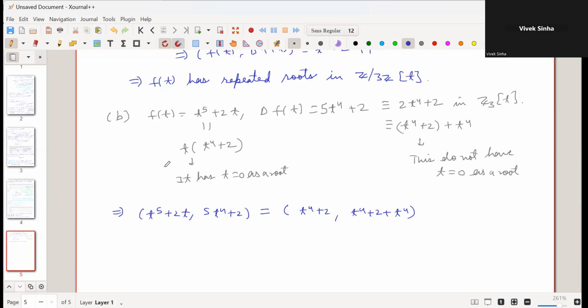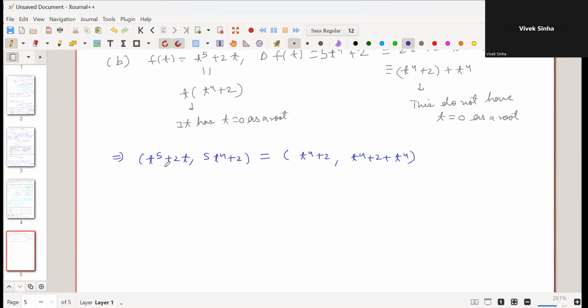So from here, can you say something? See, if alpha satisfies t4 plus 2 in any extension of Z mod 3Z, it might happen that the root is not inside Z mod 3Z, but we know that there is an extension which contains all the roots.